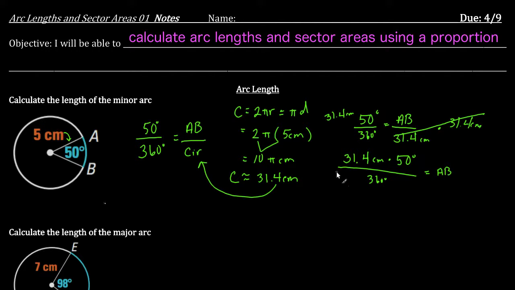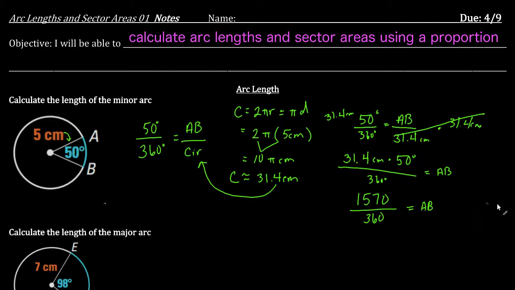So obviously, I can't do that in my head. Maybe y'all can, but I can't right now. So 50 degrees times 31 and 4/10 centimeters equals 1570. We could get more complicated with the units and put centimeters, degrees, but for now, let's just not complicate it that way. Equals AB.